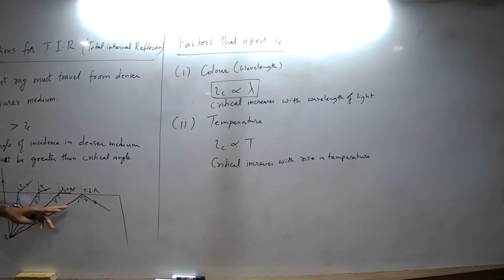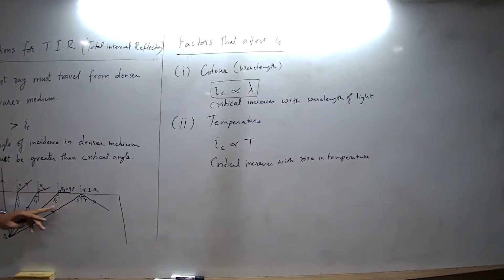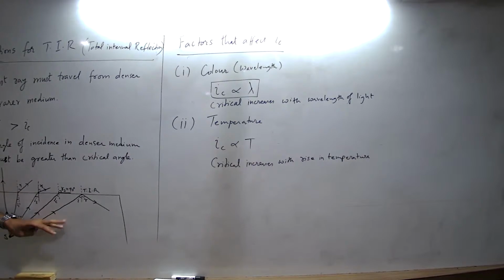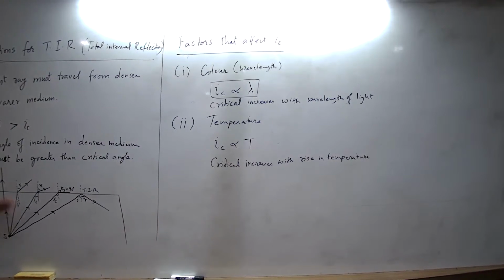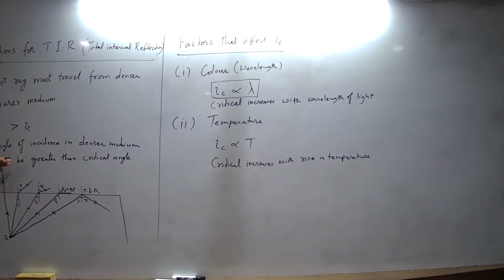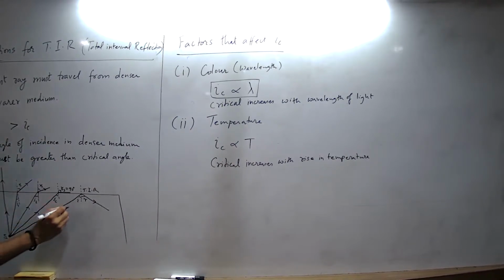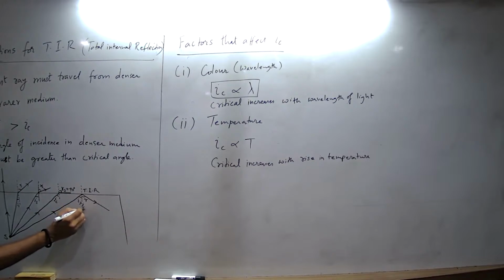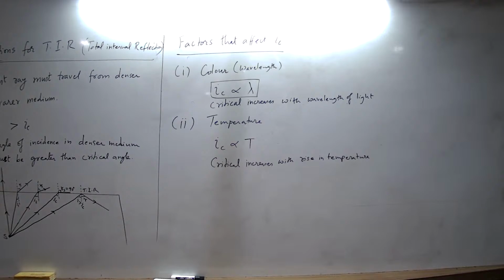So the moment the angle of incidence exceeds the critical angle in the denser medium, it will suffer total internal reflection because it is satisfying both the conditions now. Clear? The light ray is traveling from denser medium to rarer medium and I is greater than IC. So here I is greater than IC. Clear? Yes or no? So this is all about total internal reflection.